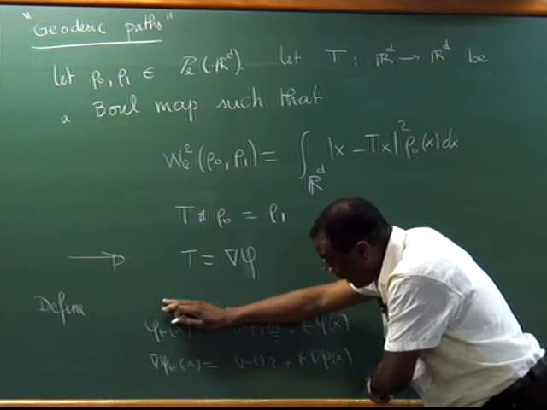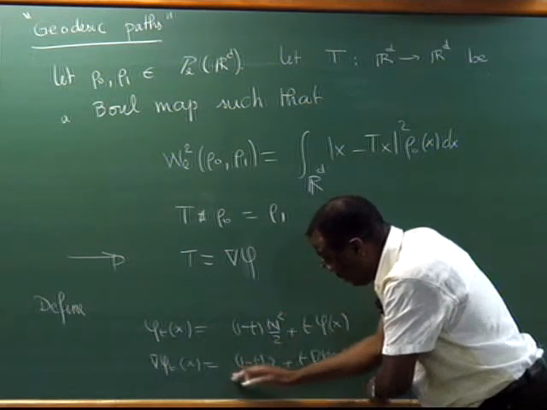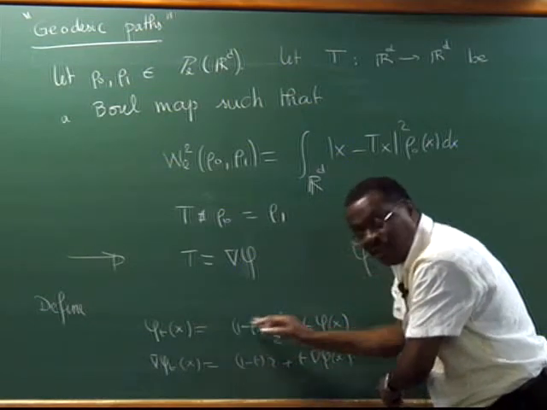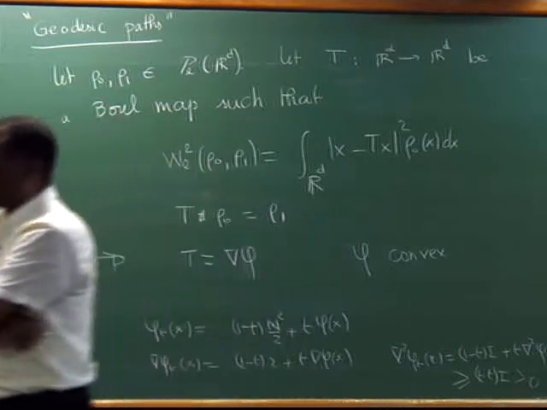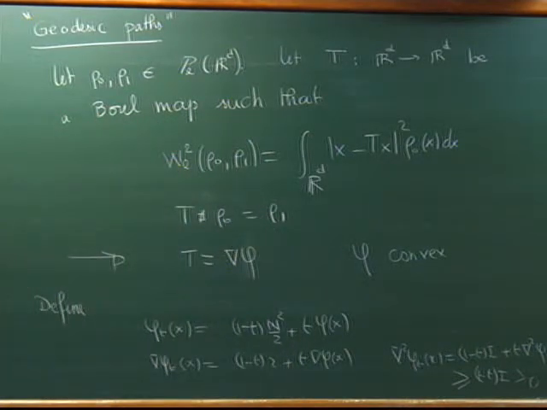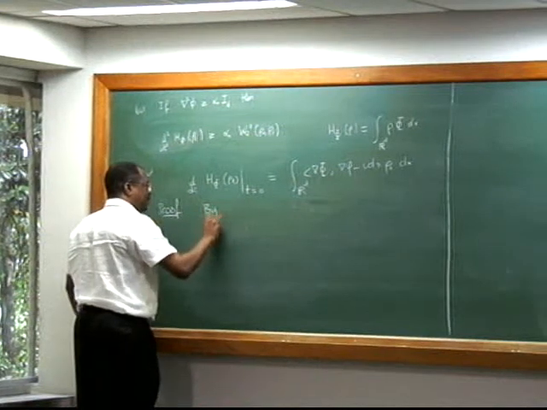Now I go back here and notice that this map as defined is the gradient of this function, and that function is convex. So, proof by an approximation argument.